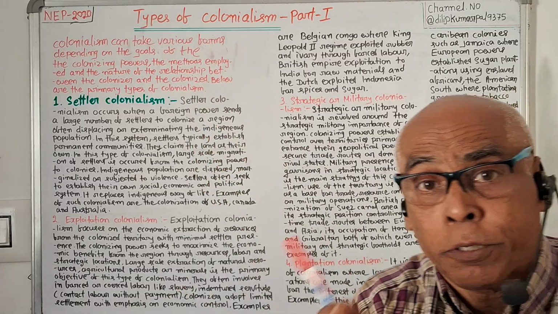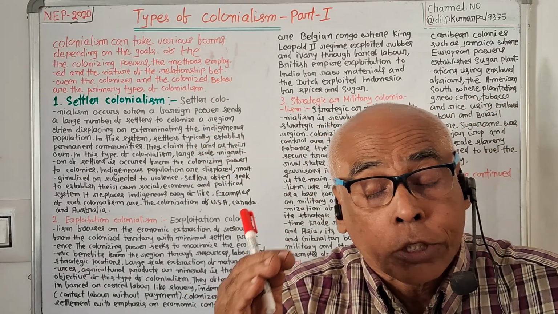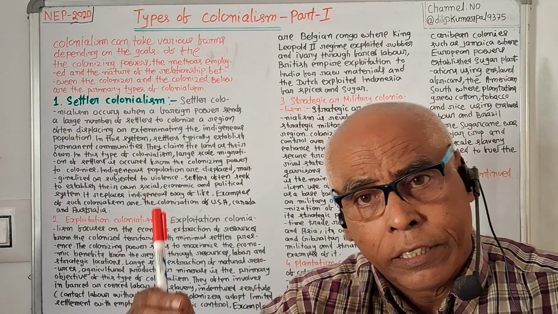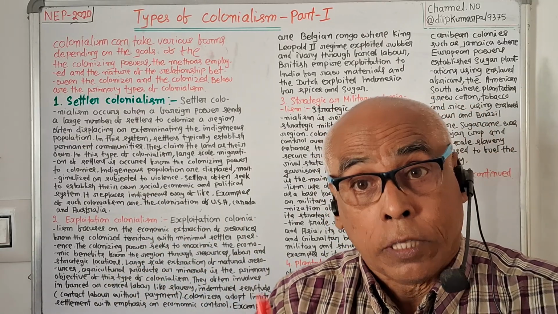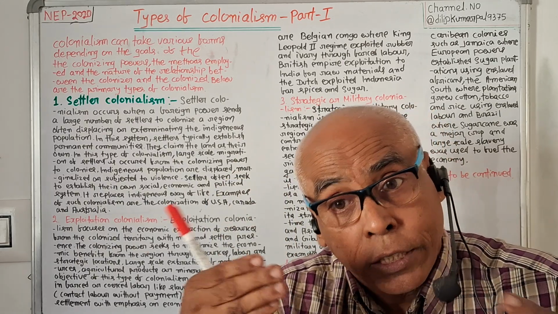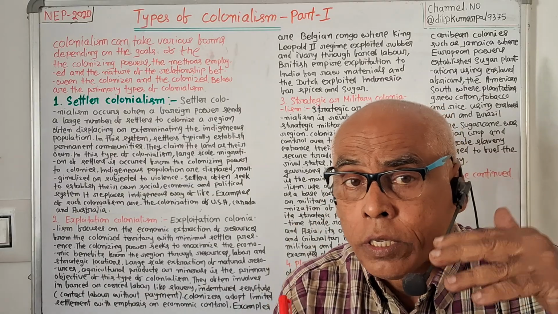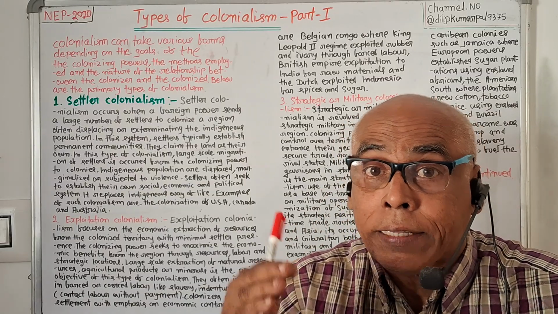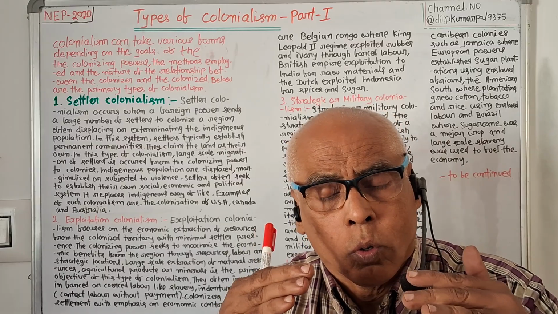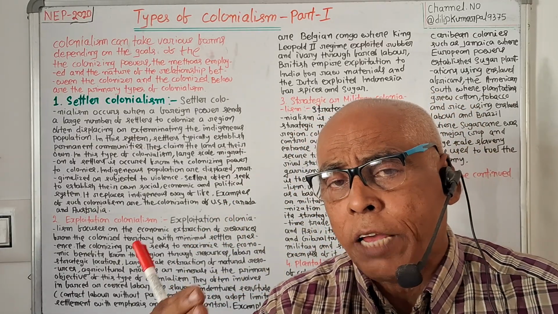It can be categorized into different types on the basis of the goals of the colonizer, the methods employed by the colonizer, and the relationship between the colonizing power and the colonized nation. So on the basis of this, colonization is of different types.